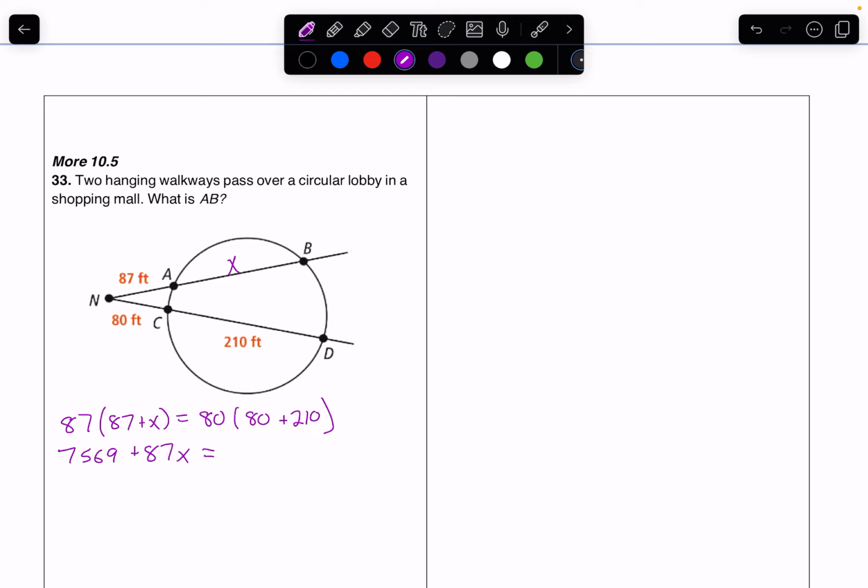6,400 plus, well, I won't do that in separate steps. We can just do that all together. Which is going to be 23,200. So we'll solve.